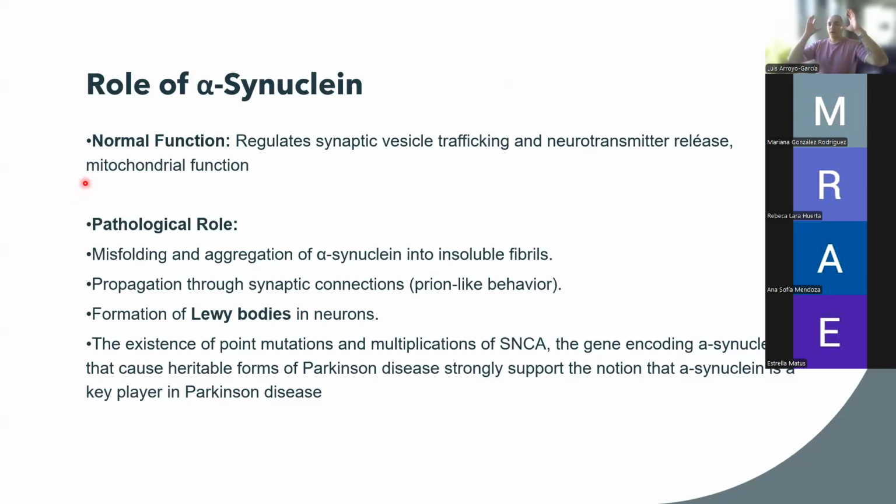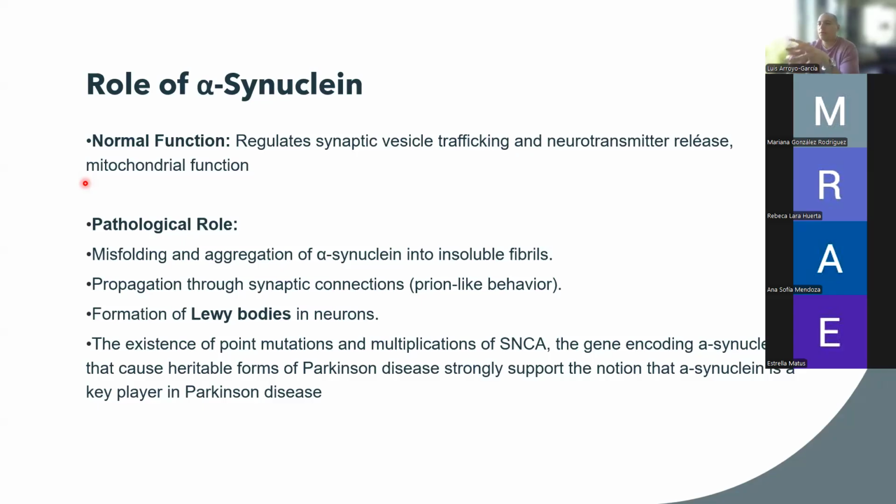So alpha-synuclein normally does vesicle trafficking, helping us to release the neurotransmitters. Then for some reason, they start misfolding and aggregating into insoluble fibrils, and these insoluble fibrils are called Lewy bodies.